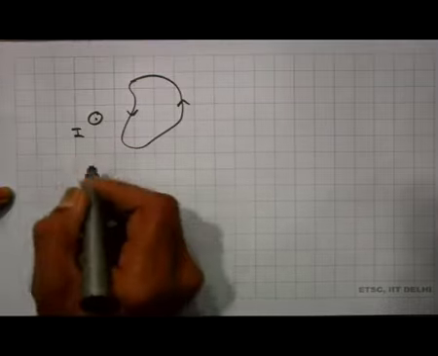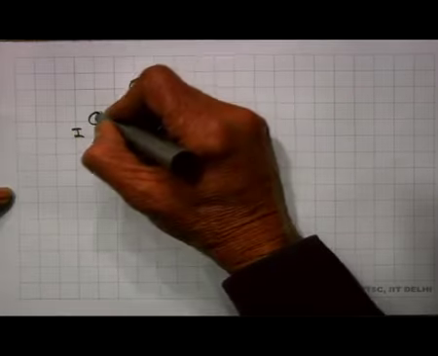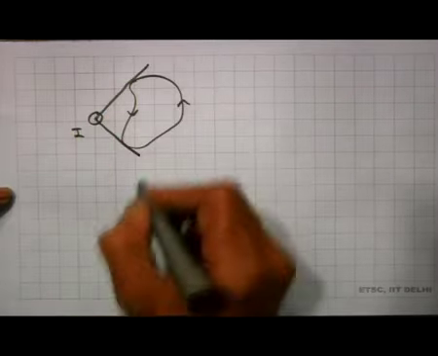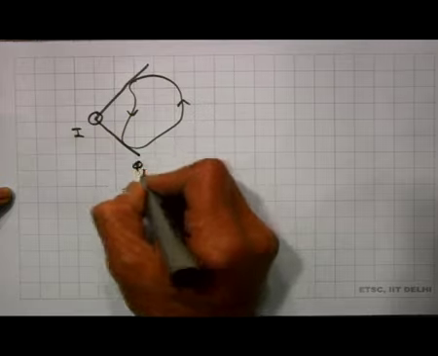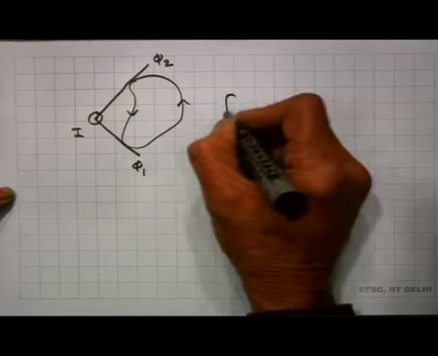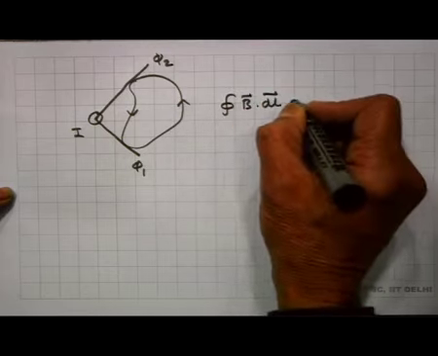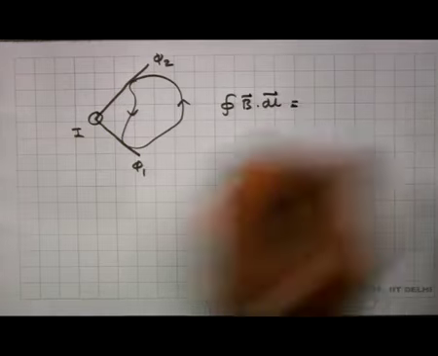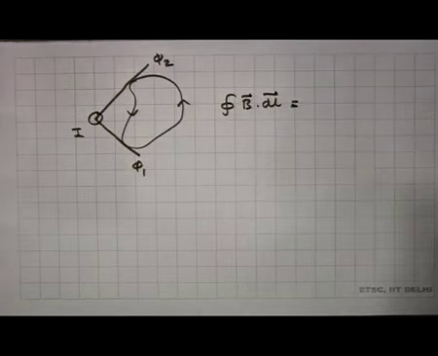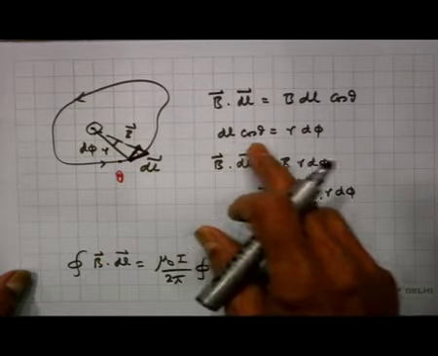So, what happens? Now, let me draw a line here. Let me say that this corresponds to angle phi 1, this corresponds to angle phi 2. So, integral B dot dl I need to calculate. Please remember, I had just now shown you that for an arbitrary path dl cos theta is r d phi.